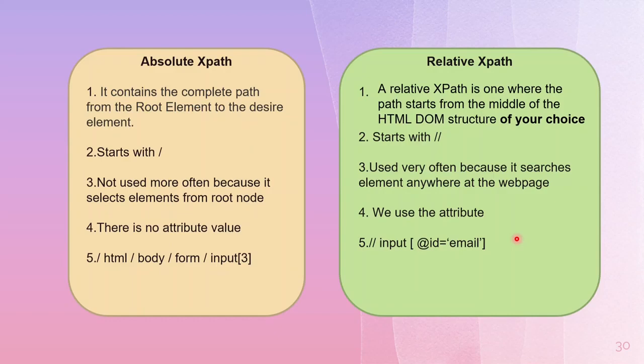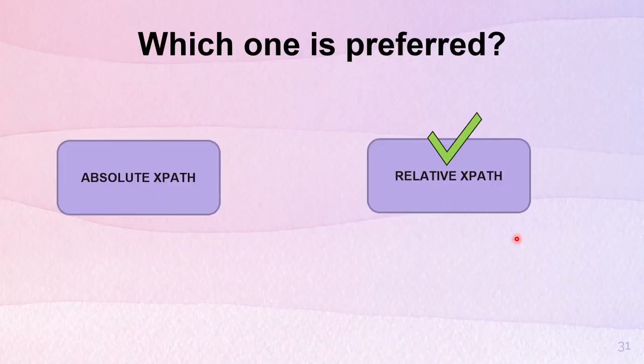So we know XPath are of two types, but which one is mostly preferred? Obviously, the relative XPath is mostly preferred. Why? Because if the application is not very stable, and all the attributes are not stable, we cannot use the absolute XPath. Why? Because the developer might make changes frequently, right?